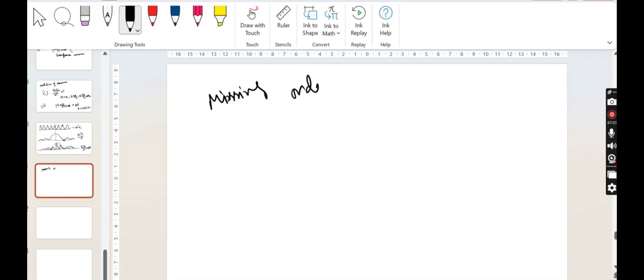And which order will be missed? That is basically a plus b by b, which is equal to p by m.